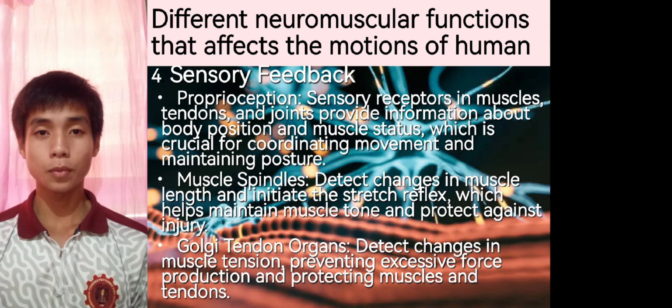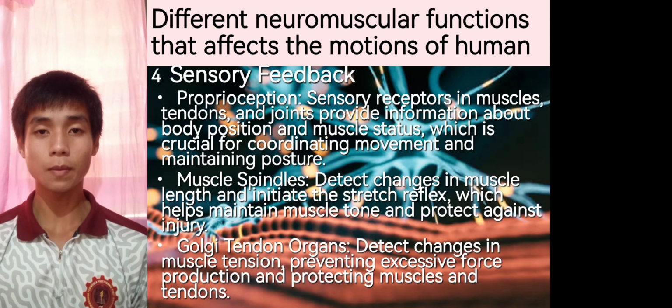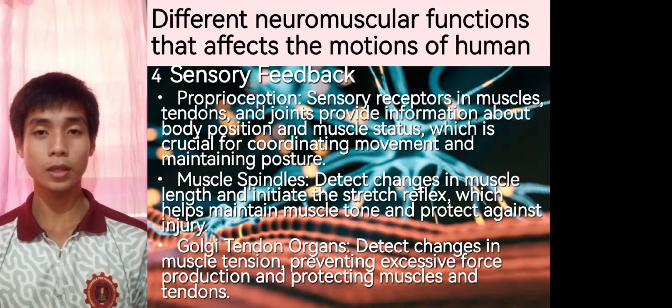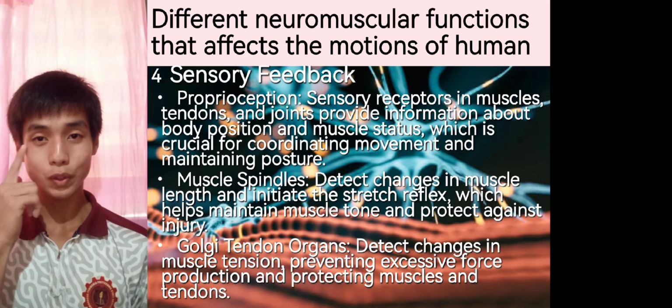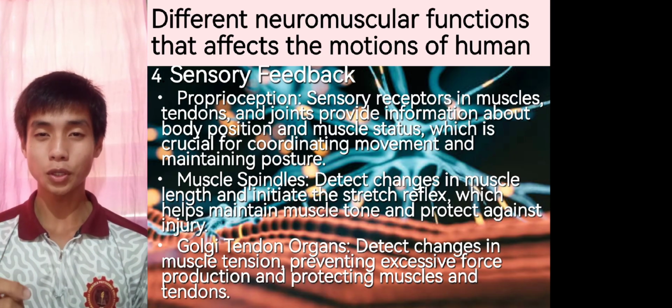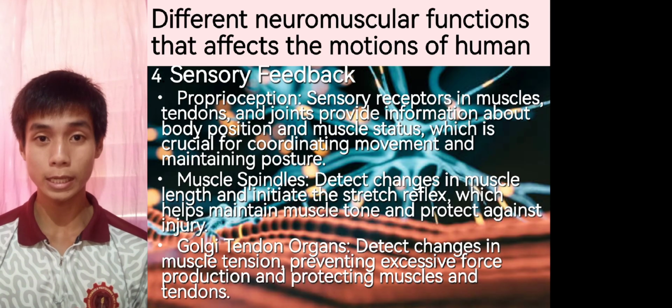Proprioception refers to the sensory receptors found in the muscles, tendons, and joints. They constantly send information to our brain about where our body parts are and how they're moving. For example, when you close your eyes and touch your nose, proprioception helps you know where your hand is even without looking.